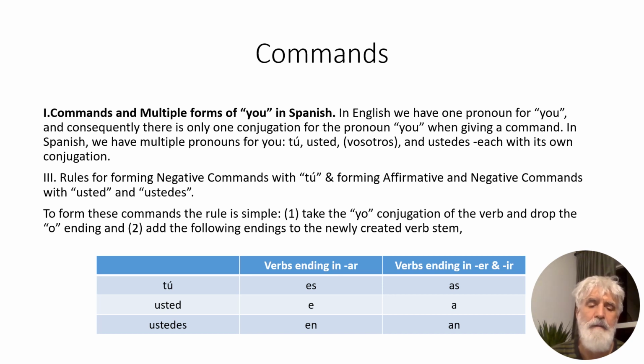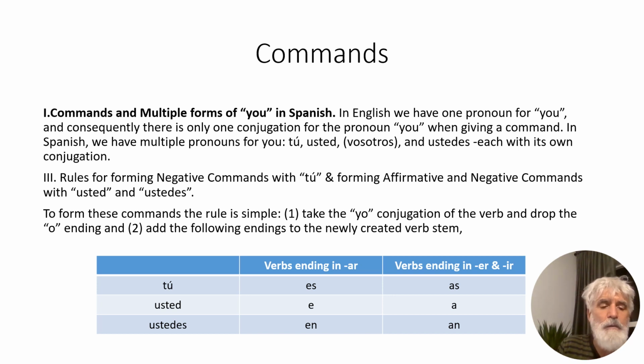If it were an AR verb, you would add an es ending. If it's an ER or an IR verb, you add on an as ending. So for comer, you would get como, you drop the o, and now for a tú command you would get no comas. An ER verb takes an as ending, okay?